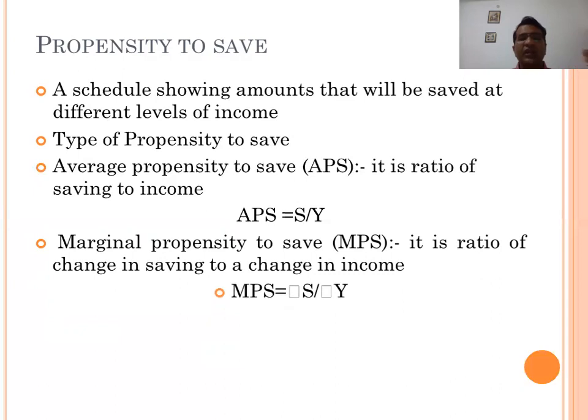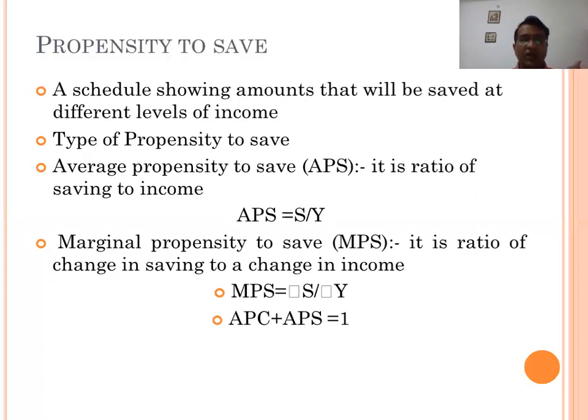It can be calculated as delta S upon delta Y. We already calculated S as Y minus C. Now the present level of saving minus the previous level of saving, that difference is called delta S. In the same way we will calculate delta Y. Delta S upon delta Y is equal to MPS.